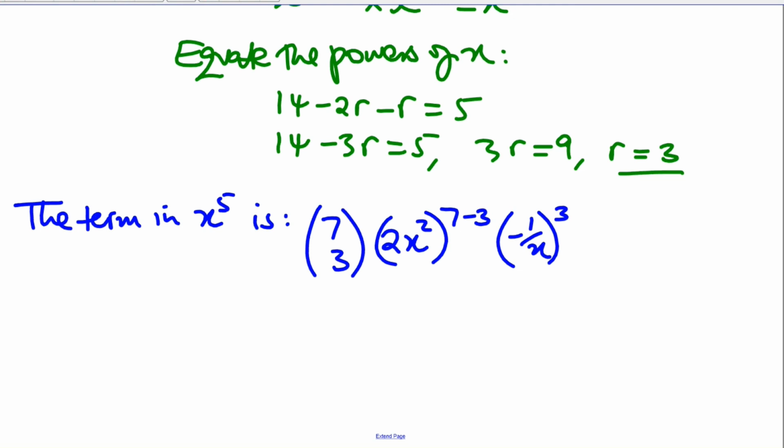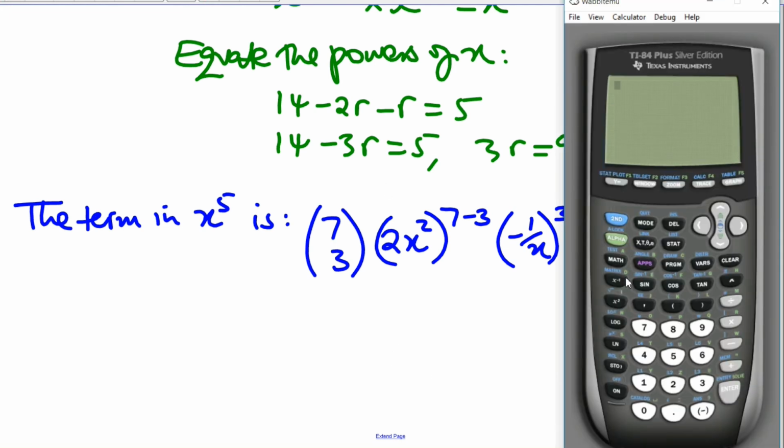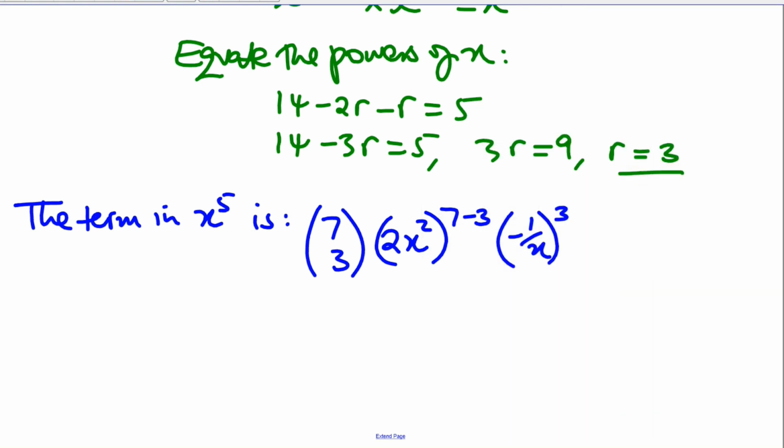7 choose 3 can be found from the calculator. So 7 choose 3 will be equal to 35. So what we shall end up with here is 35 multiplied by 2x squared to power 4, multiplied by negative 1 over x to power 3.